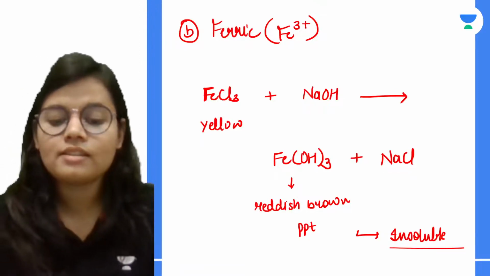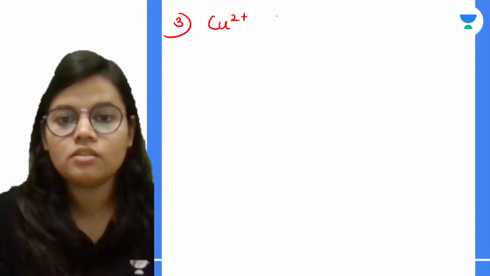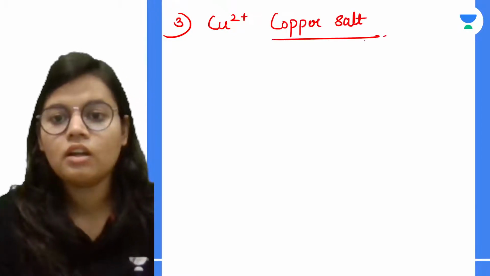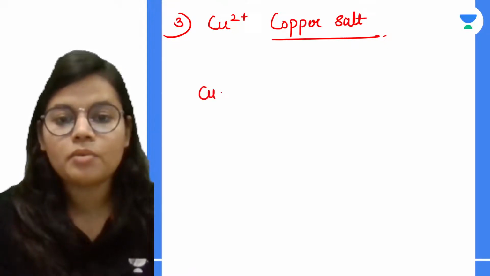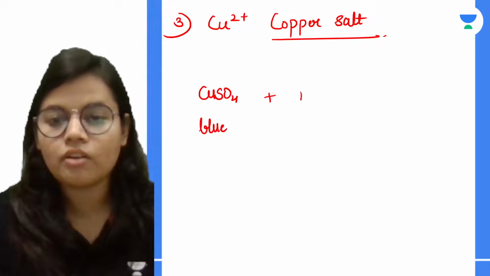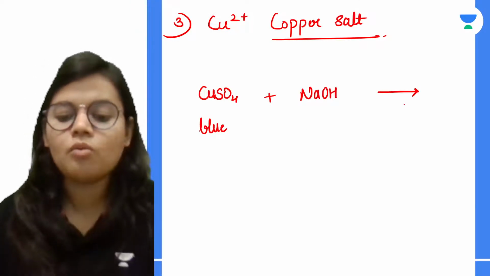Okay, next is if we have a copper salt. Everyone knows this is the most common blue color, right? So let's suppose we have Cu2+, that is a copper salt. Let's suppose we have copper sulfate, which is blue in color, and it reacts with sodium hydroxide solution, which is colorless. What do we get?